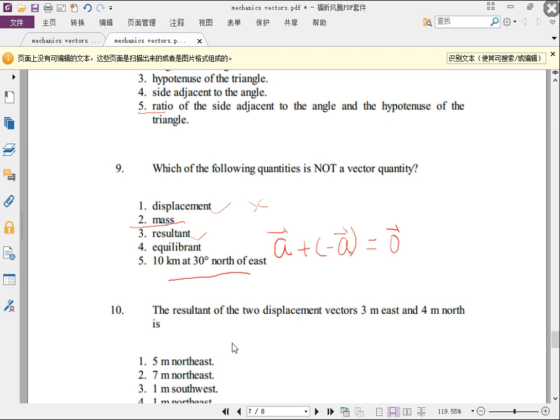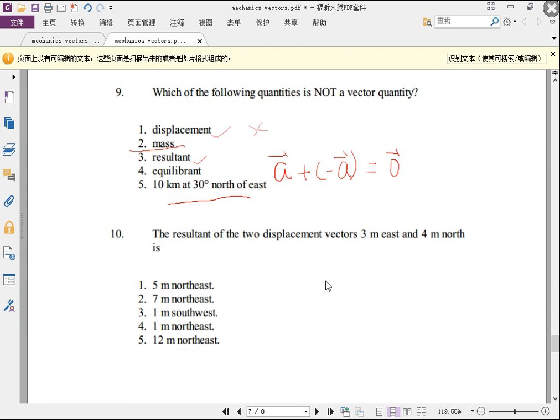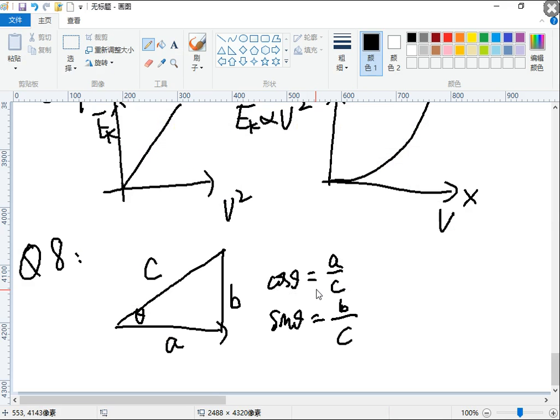The resultant of two displacement vectors, 3 meter east and 4 meter north, is. Okay, this time you have to calculate the sum of two vectors again, which is easy at this stage, I believe.